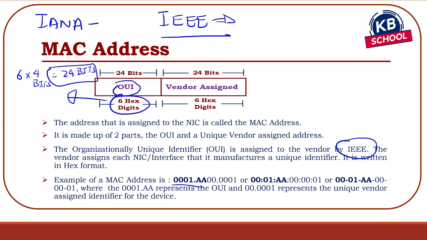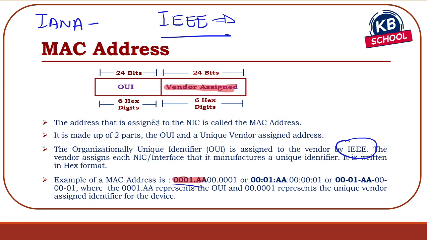So for example, I've shown that the IEEE has assigned this particular vendor a unique identifier, 0001.AA, 6 digits. Now it is the responsibility of the vendor, whether it's Cisco, Intel, or 3Com, to make sure that when it manufactures all the NICs, each NIC has a unique identifier.